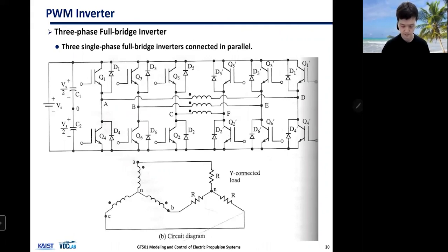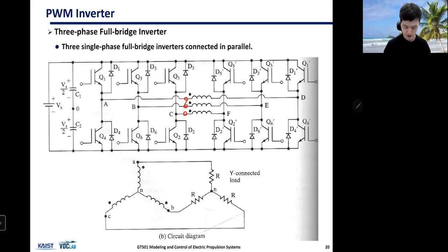So you need these 1, 2, 3 load connections for the motor, and you need 3 sets of these full bridge inverters. So you have a total of 12 switches and diodes. Okay, and then you can generate 3-phase AC signals for AC electric machines.